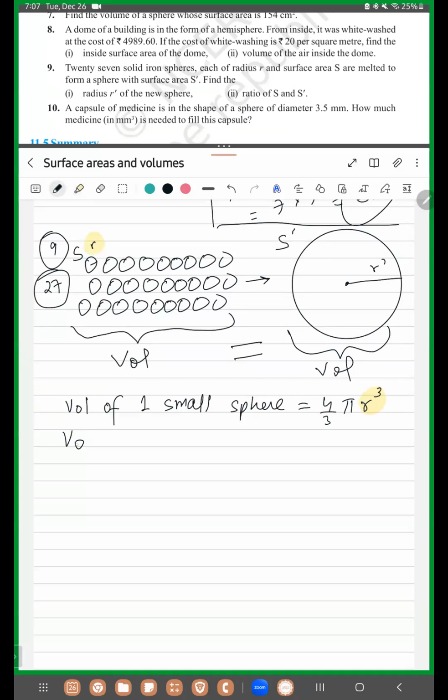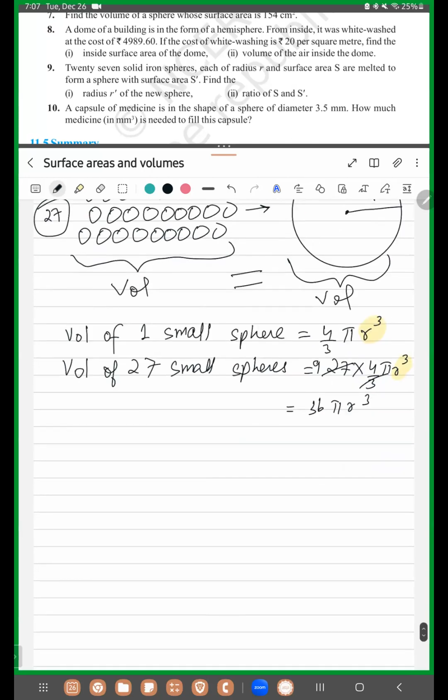So the volume of 27 small spheres is 27 into this thing, which is 3 9s are 27, so 36 pi r cube.